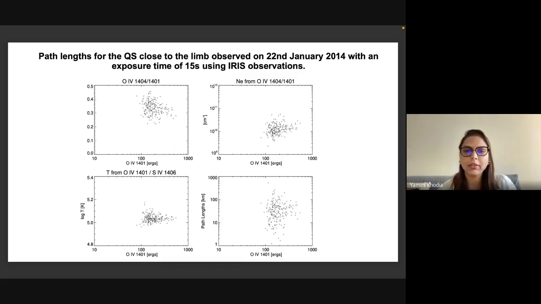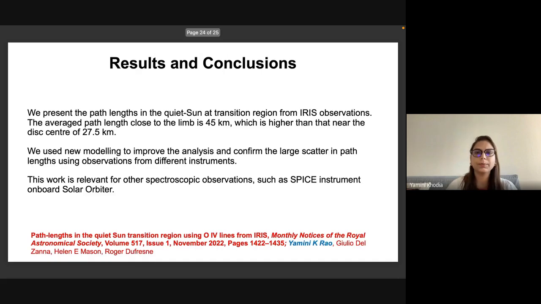There is a certain kind of center to limb variation observed even in these path length calculations. We observe these path lengths in the quiet Sun transition region, and close to the limb the observations had an average value of around 45 kilometers, and the center had an average value of around 30 kilometers, which is quite high compared to what Tarer had reported.